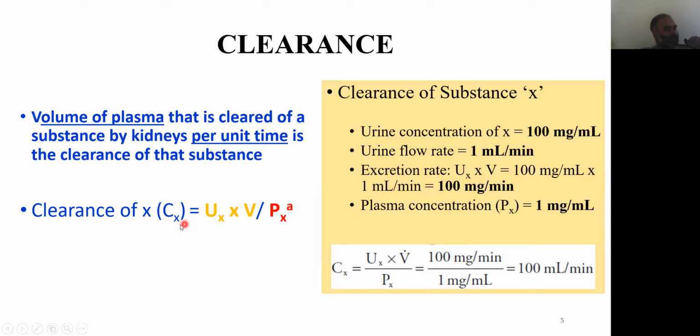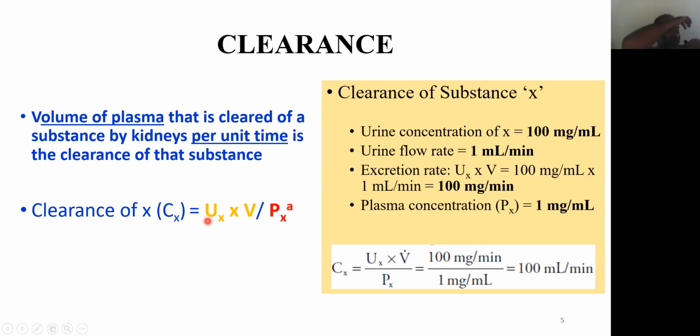This is the formula of clearance. It's denoted by capital C. So in this case, let's say a substance X tagged along in the plasma of the renal blood. It came in. We know the amount of the substance X that we injected in this person. So if you want to calculate how much the kidney extracted from it, cleared the plasma of this substance X, you will simply use this formula, and I'll walk you through it. Ux basically means the concentration of this substance X in urine, which is of course measurable.